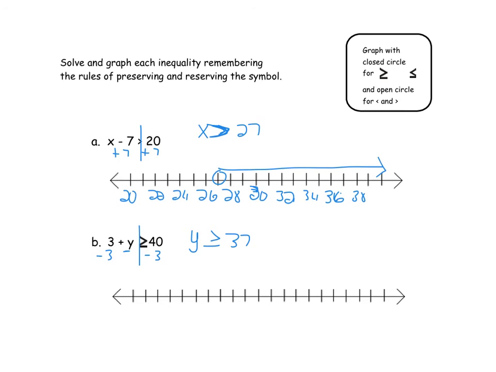So x is more than 27. Here, I'm going to number the same way. 20, 22. Magic, it's done. And so it does include the 37, so I'm going to find my 37, which is right here. It includes it, so I'm going to put a closed circle, and I'm going to show the numbers more than that.